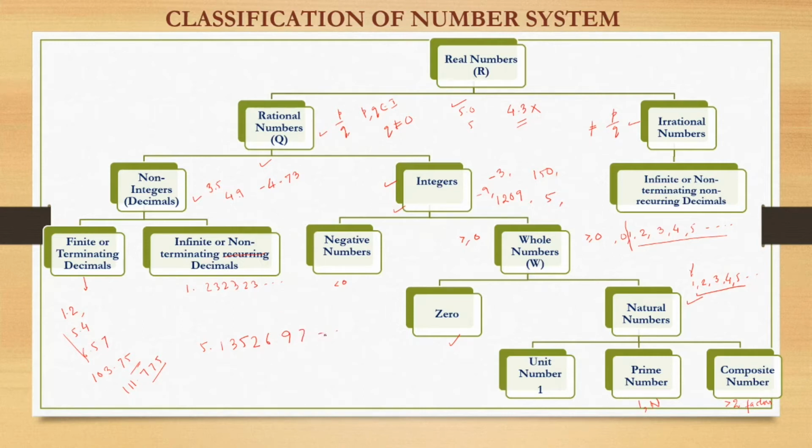So this is also non-terminating. I mean, we don't know where the number of digits after decimal will end. So this can further be classified into two categories: non-terminating recurring and non-terminating non-recurring.